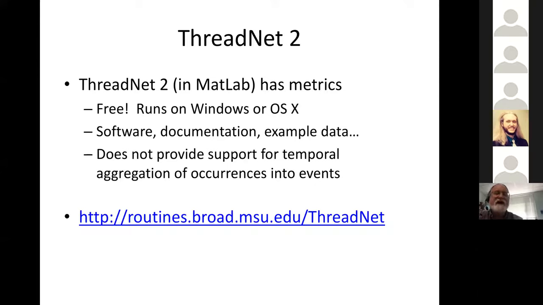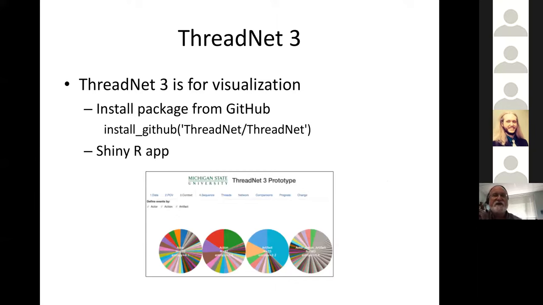This version does not provide support for the temporal aggregation. It just treats it as one-to-one. ThreadNet 3 is the thing I just last week got my GitHub package working, so it can be installed from GitHub. And it's a Shiny R app, and it's a lot of fun to use.